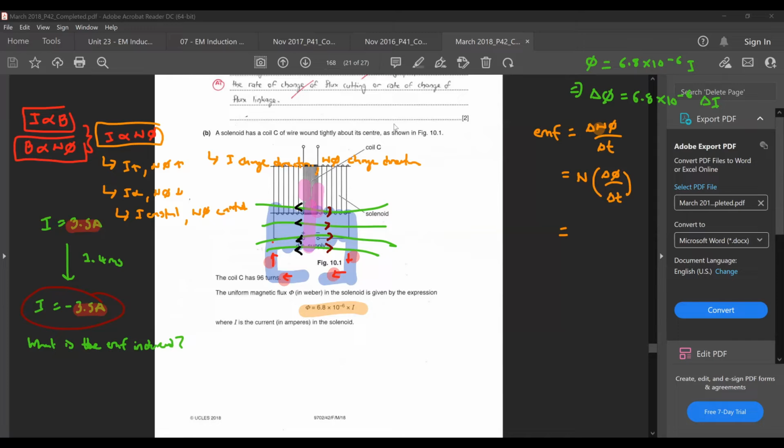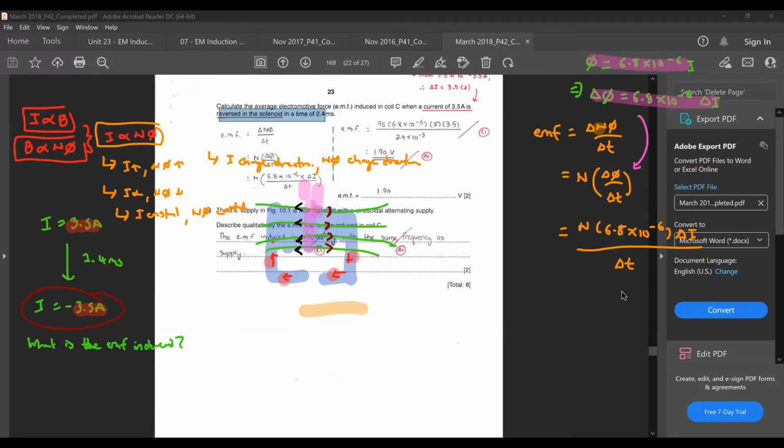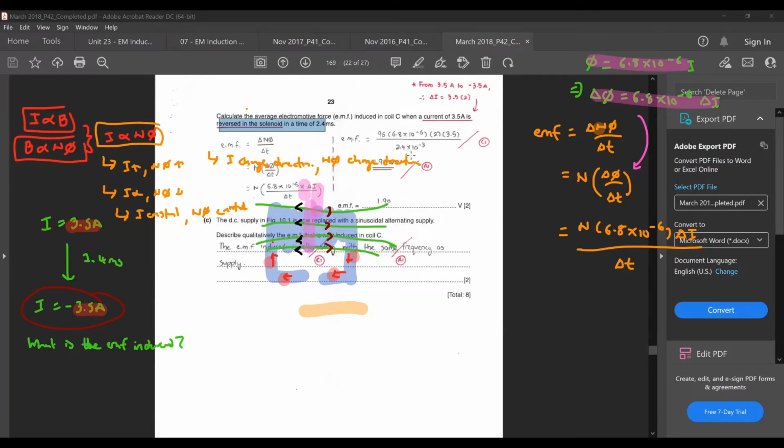So this is one relation that you can see from the given equation, right? That change in flux can be substituted here, where you instead say that your N is 6.8 times 10 power minus 6 times the change in your current divided by the change in time. So in your case, what do you suppose is the change in your current?